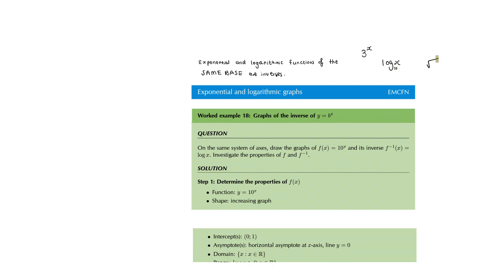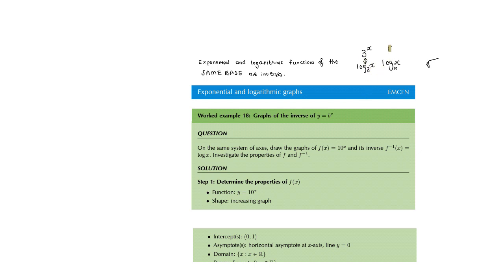It's like the 2 on the square root. It's so common and understood in maths that we don't write it. So the base of a log, if you didn't know, is 10. So 3 to the exponent x and log x are not inverses. However, 3 to the exponent x and log base 3 of x, those two are inverses.